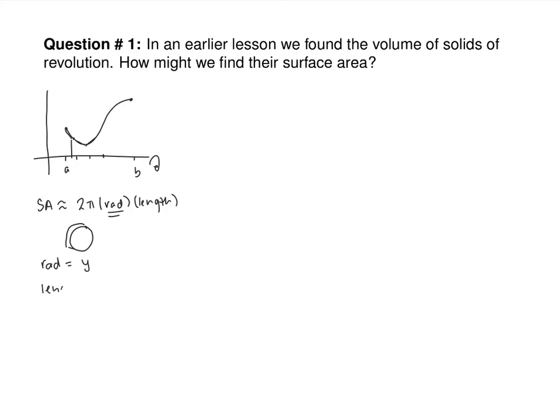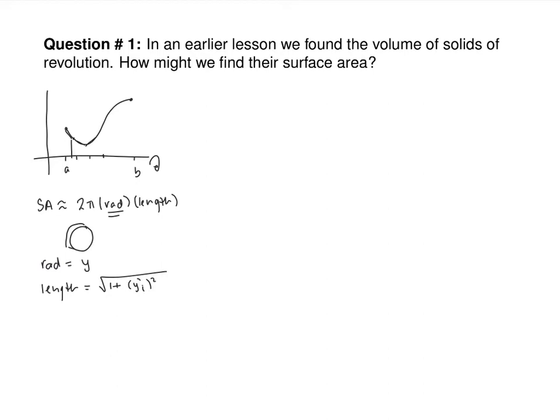And the length, well, that's just finding the length of a curve. That's going to be equal to the square root of 1 plus y prime of i squared in your little subinterval.